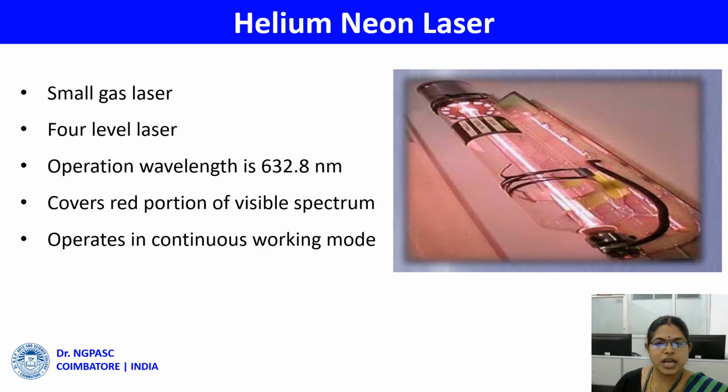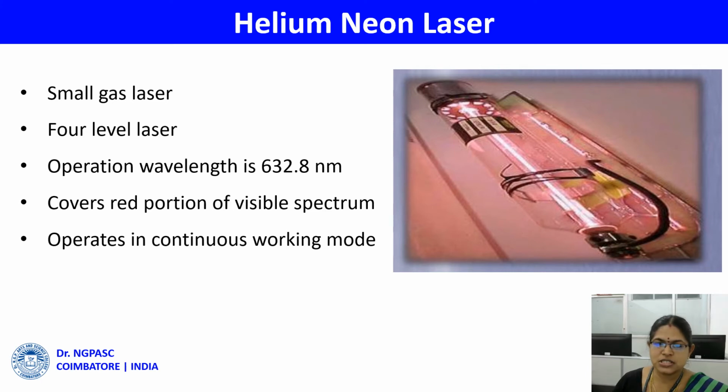Here I am interested in discussing the helium neon laser. This is the pictorial representation of the helium neon laser. From the diagram itself we can see it shows red color, so we can say that it will emit light of wavelength near red color. This is a small gas laser, a commercial laser. As I already told, it is a 4-level laser system. Its operating wavelength is 632.8 nanometer, and it covers the red portion of the visible spectrum.